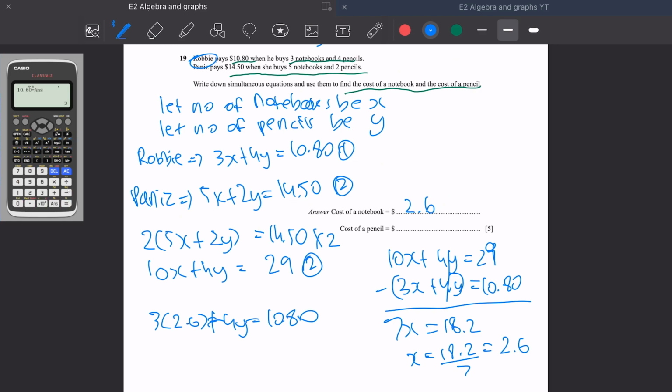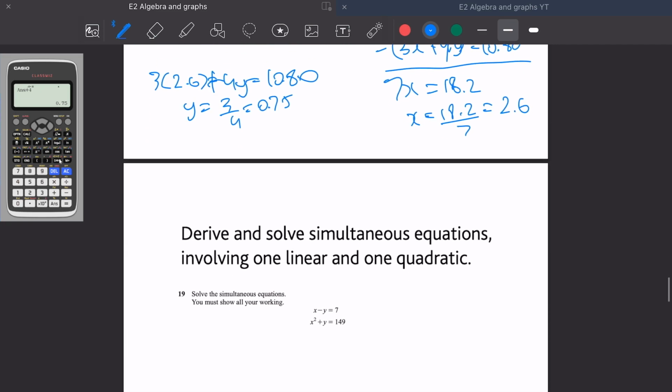Divide that by 4 and we get y as 3 by 4 or 0.75. That's the answer.